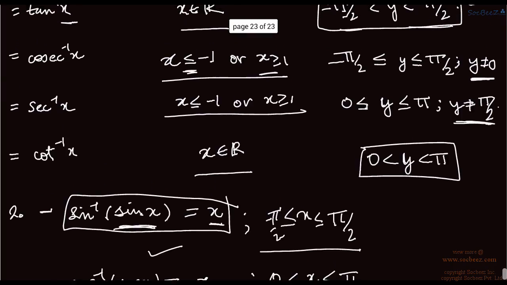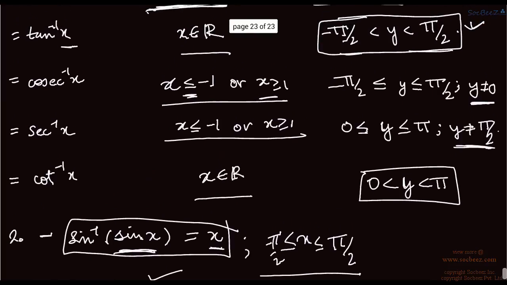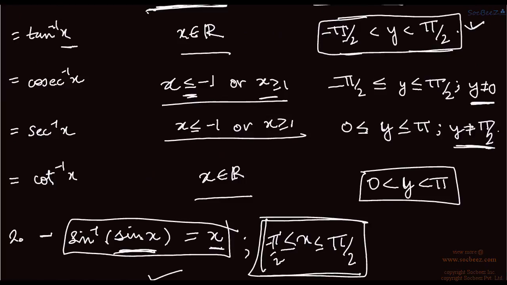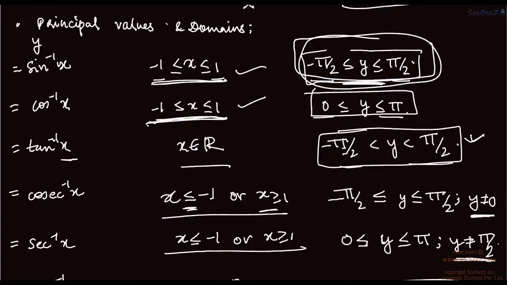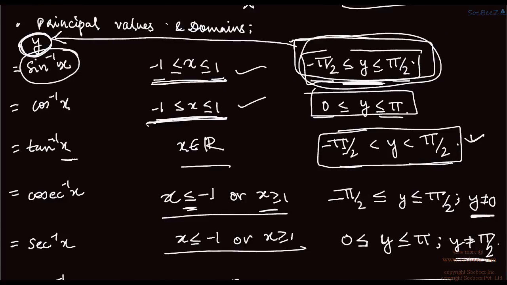You can see the relation. Now sin inverse sin x is equals to x, this is the domain for x. Whereas in this case, this is the range for sine inverse x. That means when you take sine inverse of sine x, then this range will become domain. Okay, it's just as simple as that.